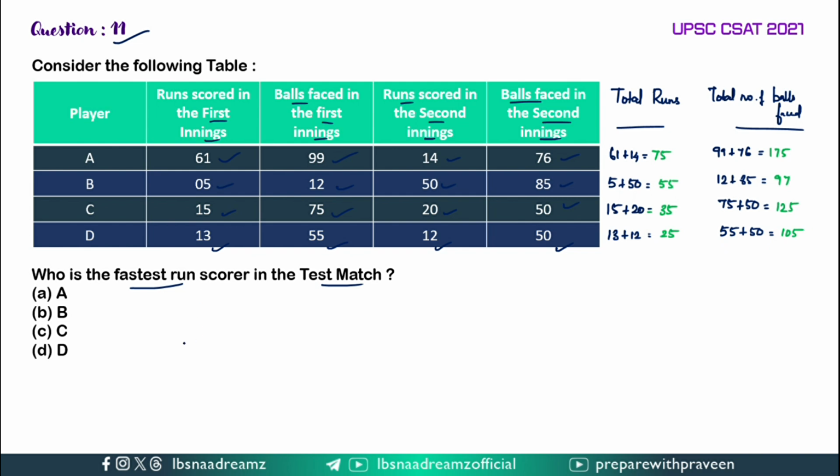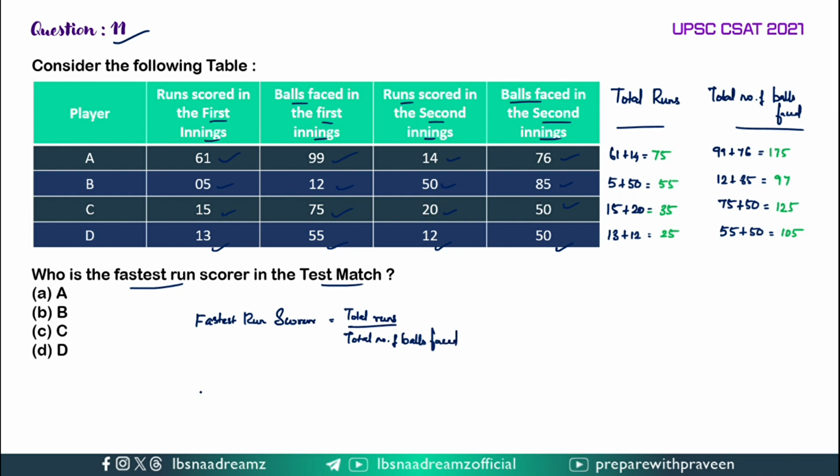To find the fastest run scorer, we have to divide total runs by total number of balls faced, right?